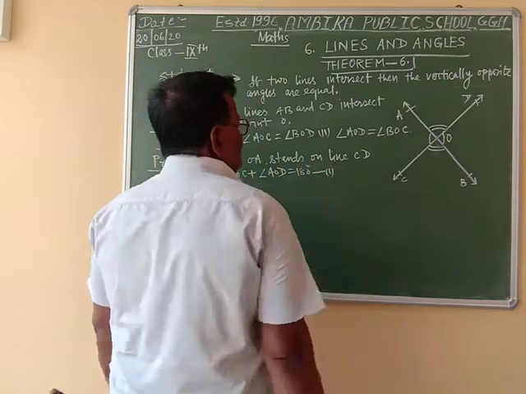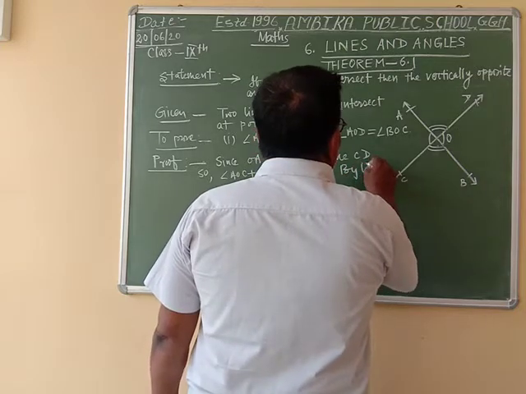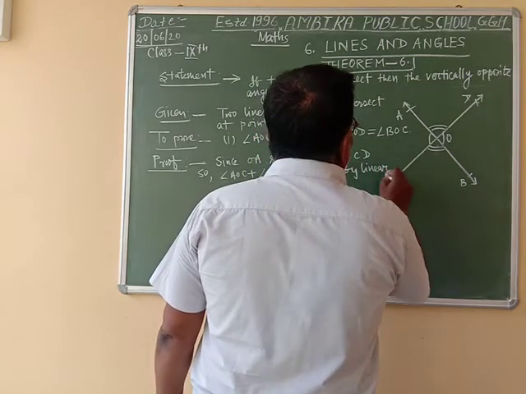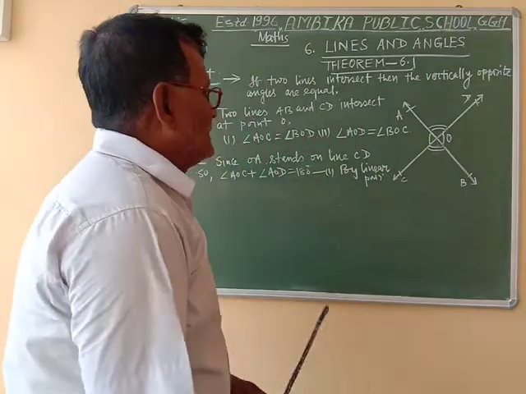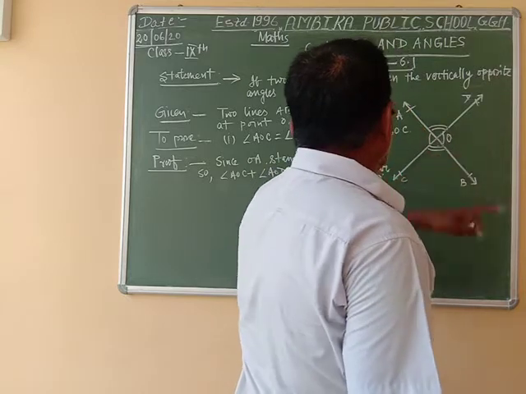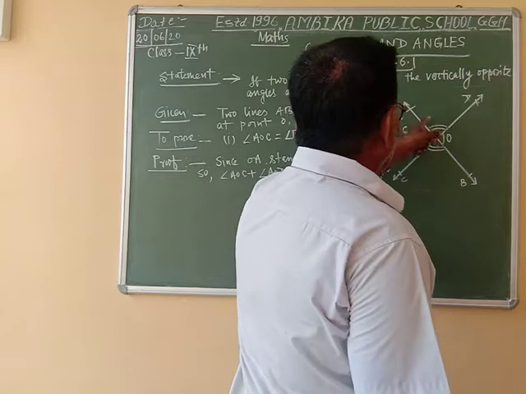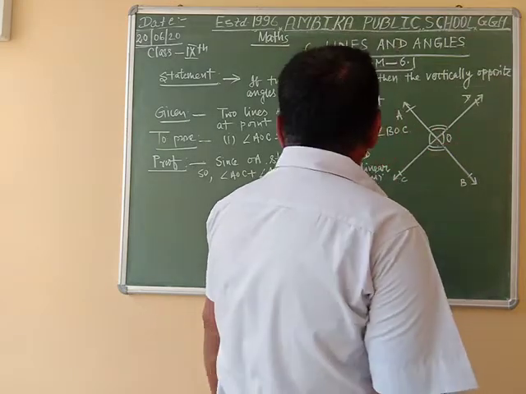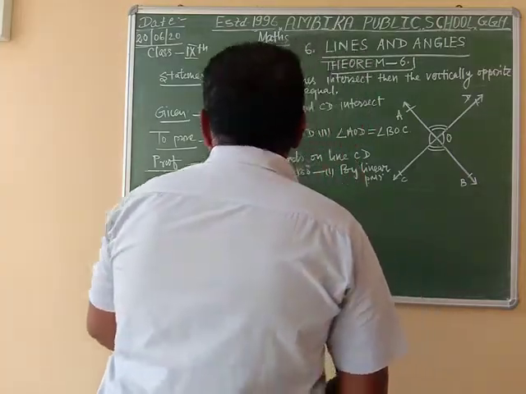We know by linear pair: in this figure, OA stands on line CD, so angle AOC plus angle AOD is equal to 180 degrees by linear pair, or axiom 6.1. Equation 1.